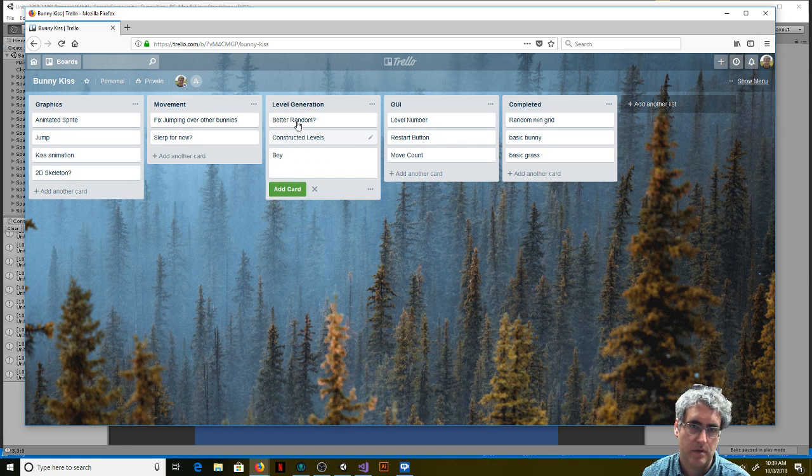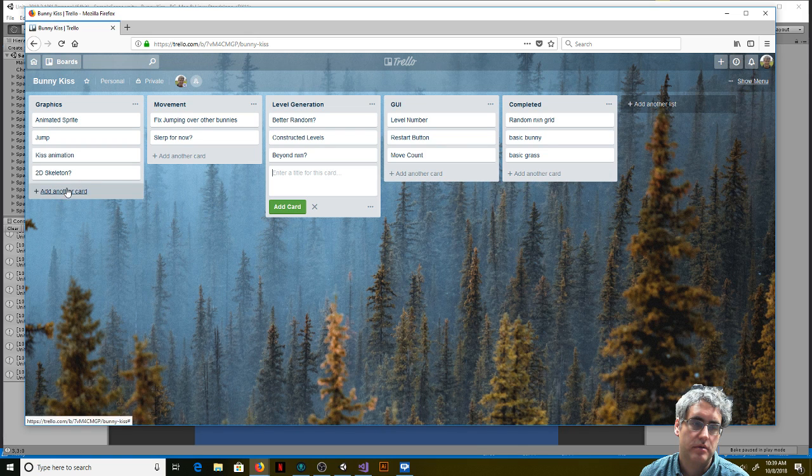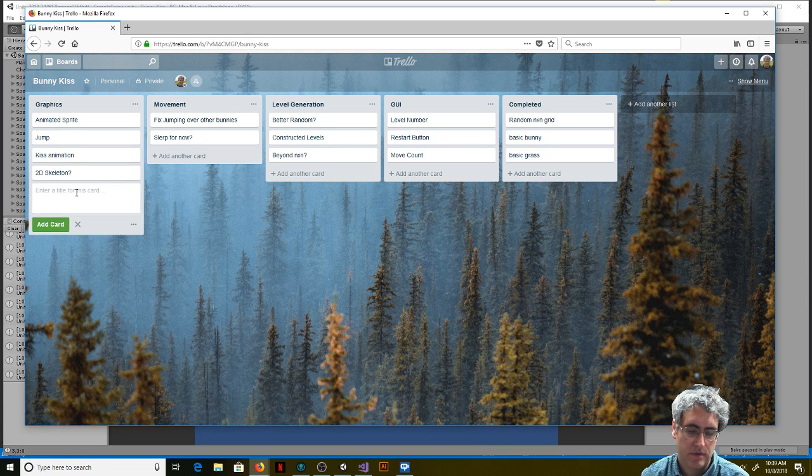Levels beyond n by n. Should I make it another grass type? Probably should.